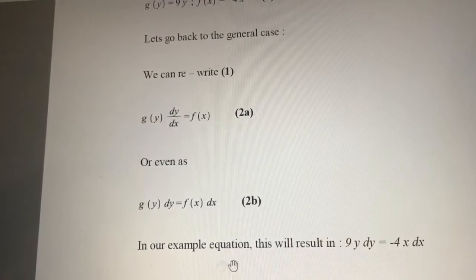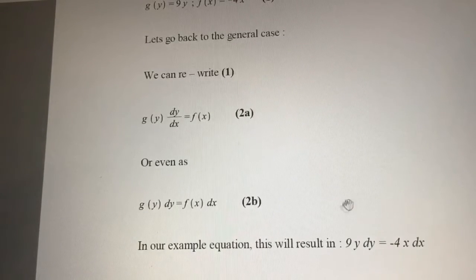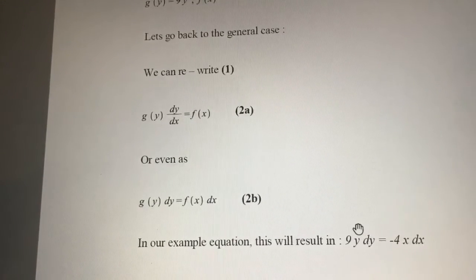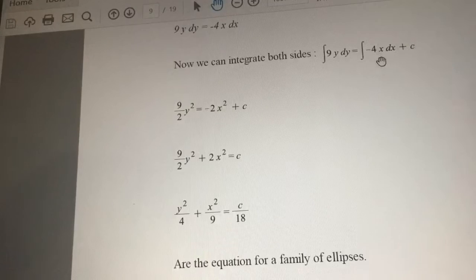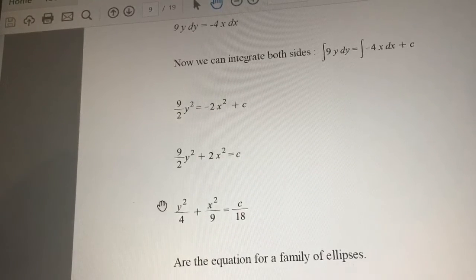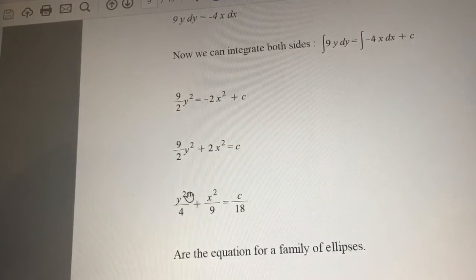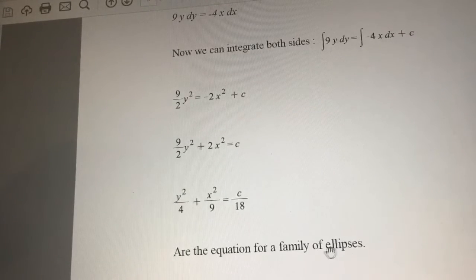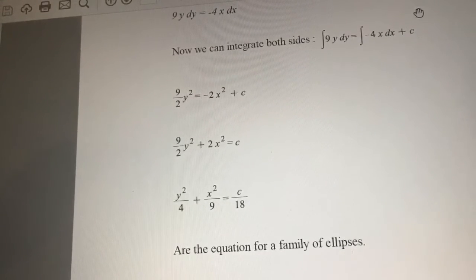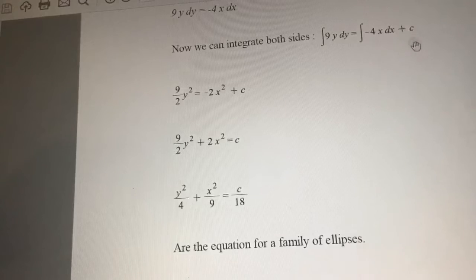In our example, we will use equation 2b. Next, we integrate both sides and we get this equation, which is the equation for a family of ellipses. Don't forget to add the constant c.